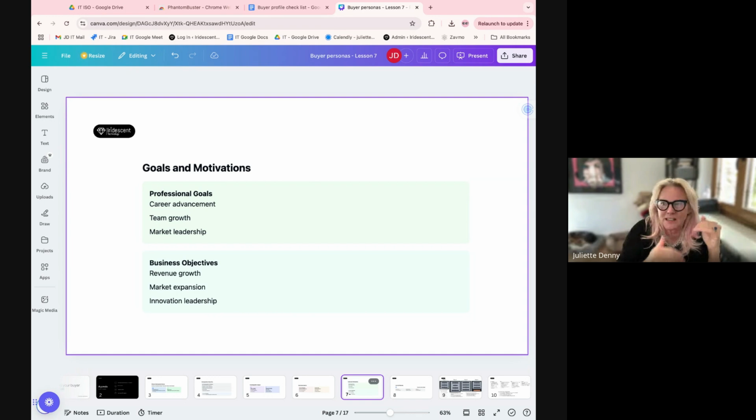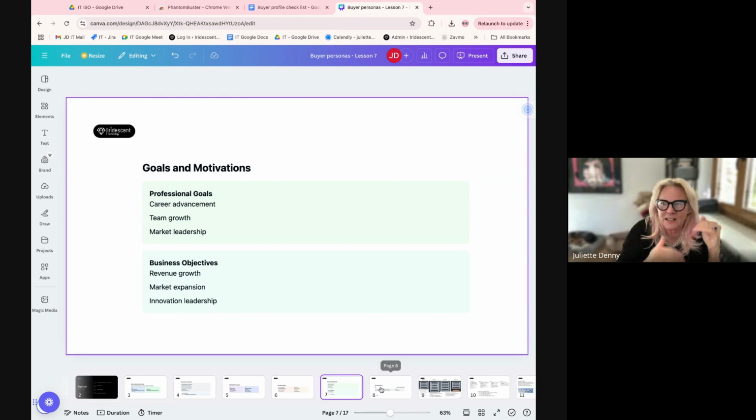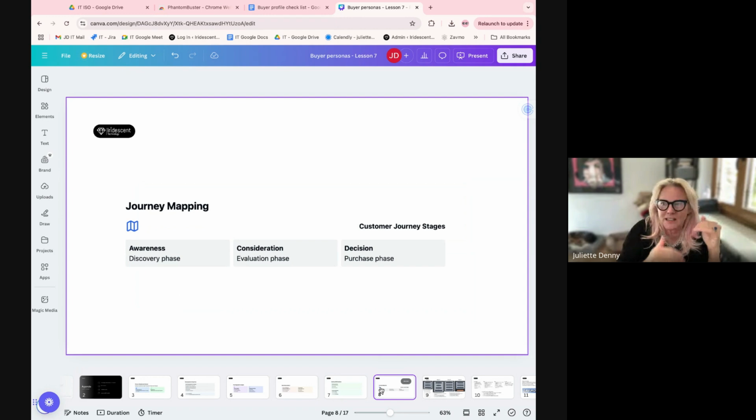So here it's things like career advancement, team growth, revenue objectives. These are the things you can start leaning into as you move out of marketing and into the sales area of things. So that is the process that we're moving our market along.